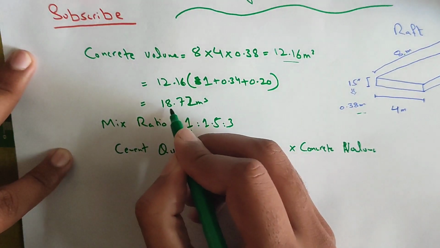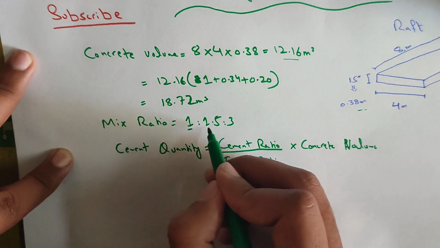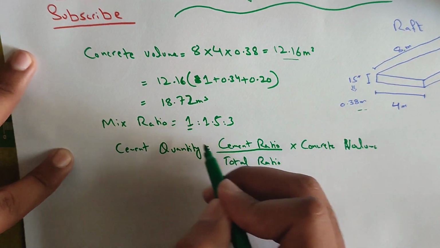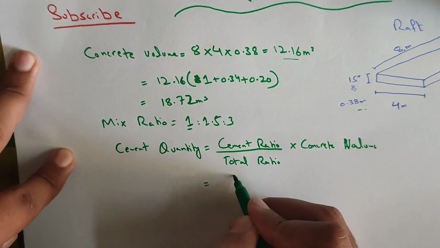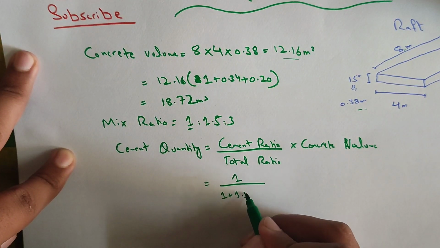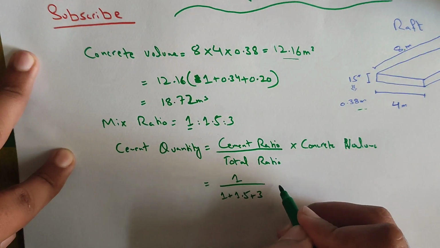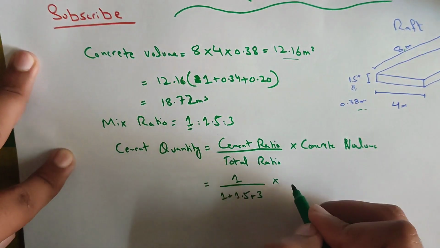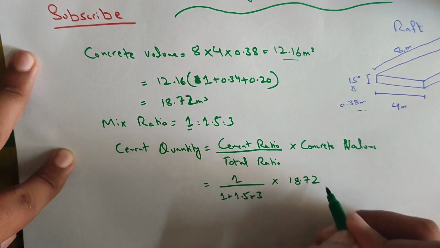So concrete volume is 18.72, total ratio will be the sum of these three, and cement ratio will be 1. So 1 divided by 1 plus 1.5 plus 3 and multiply by concrete volume, which is 18.72.